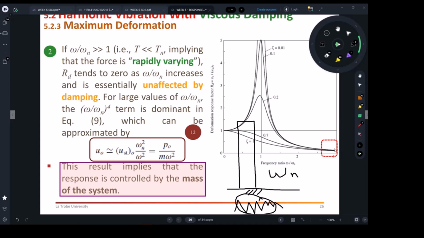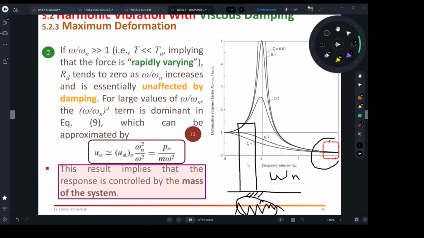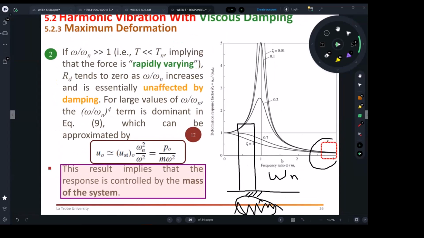And in this case, we're going to be at the very right side of our response curve. Think about it. What does that mean? It means that your amplitude, your deformation here, will be very close to zero, which is also good.